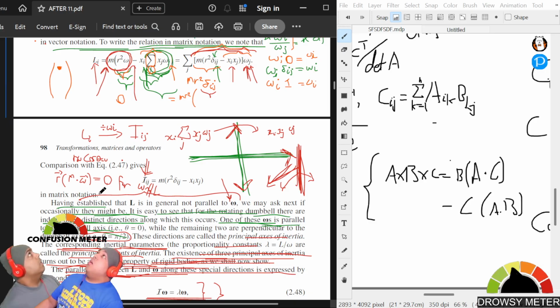When is theta not 90? When is omega not perpendicular to R? R cross omega is always perpendicular to R.